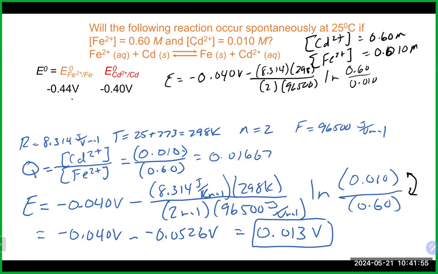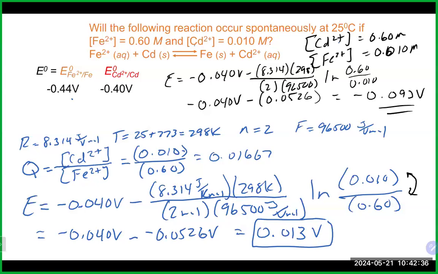So if we put that in there, we will end up with minus 0.04 volts minus 0.0526. And that's going to get us a cell voltage here of, call it negative 0.093 volts.